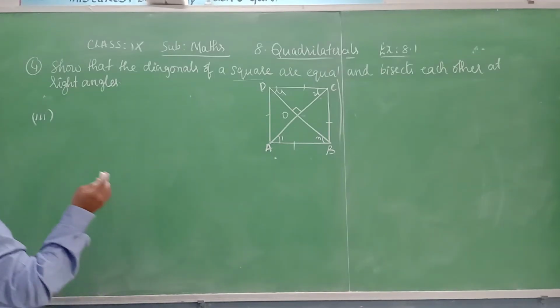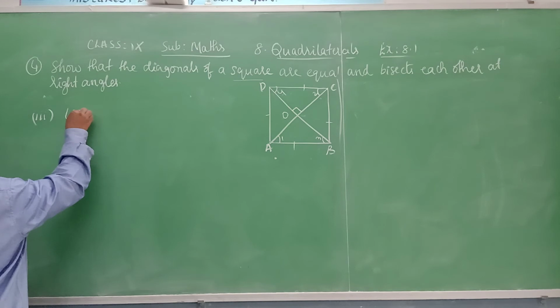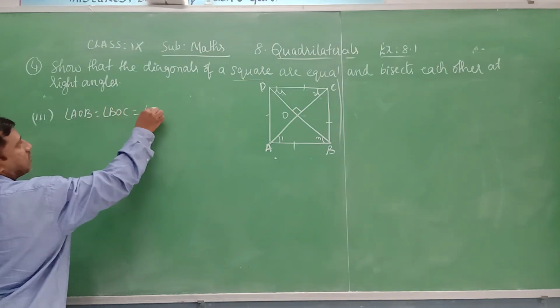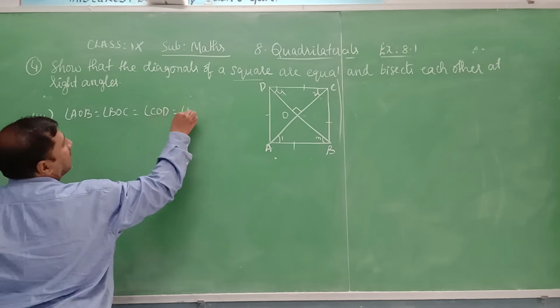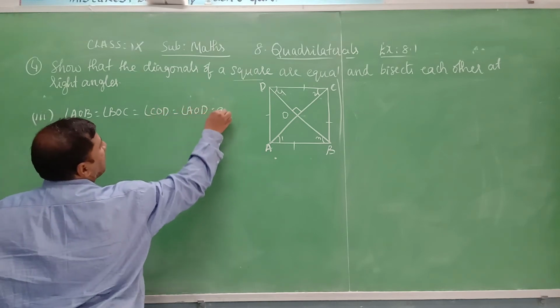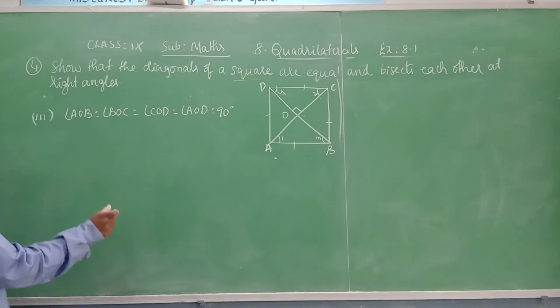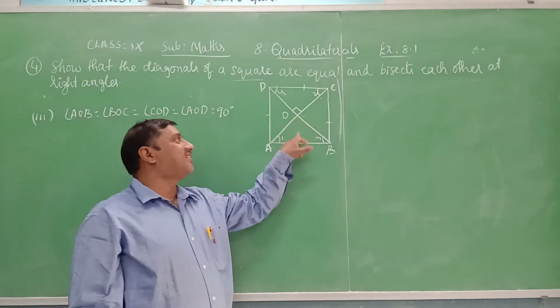Now, to prove the third identity, that is angle AOB is equal to angle BOC, equal to angle COD, and equal to angle AOD, is 90 degrees. For that, consider any two small adjacent triangles.